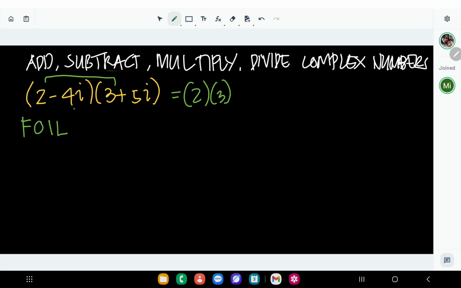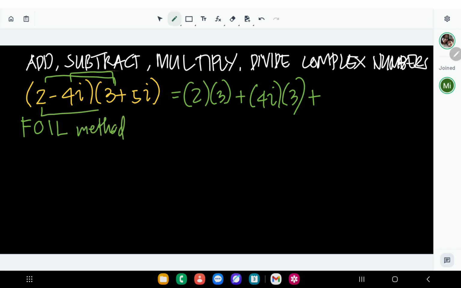Then plus -4i times 3. So you should review the FOIL method. Then 2 times 5i. Then -4i times 5i.